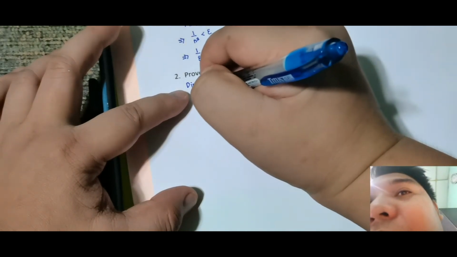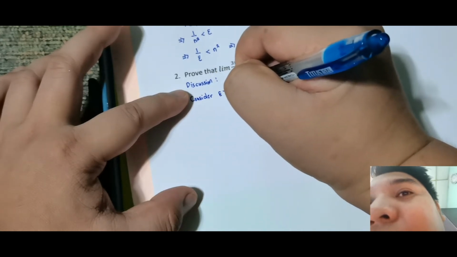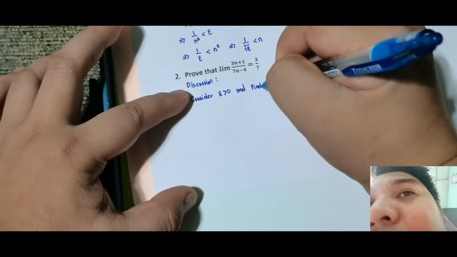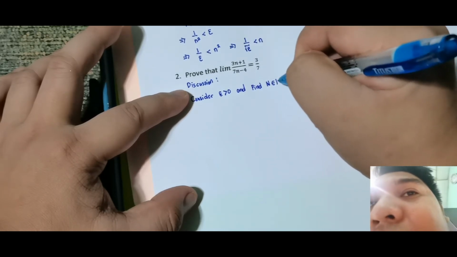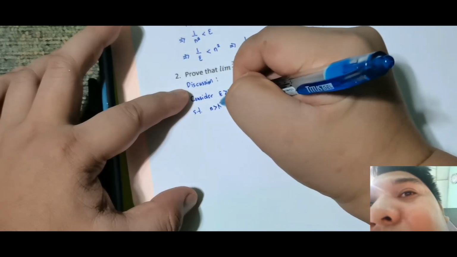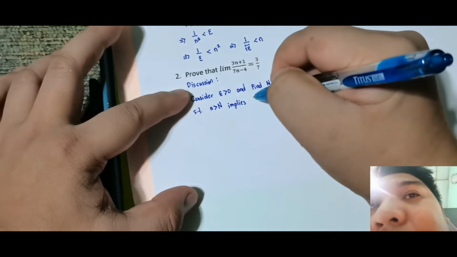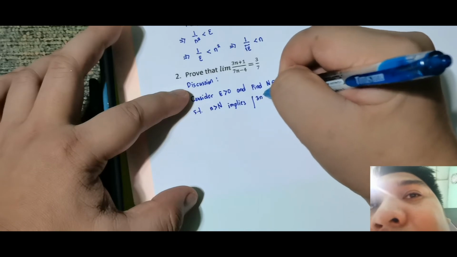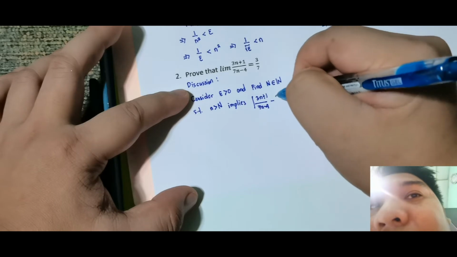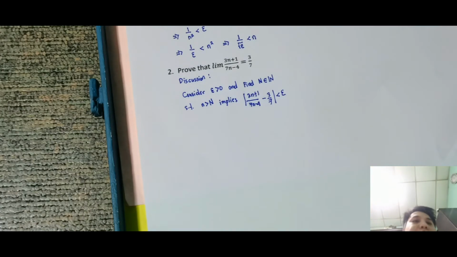Okay, so consider epsilon greater than 0, and we will find big N, element ng natural number, such that n is greater than big N implies (3n plus 1) over (7n minus 4) minus 3 over 7 is less than epsilon. Okay, so ayan yung gagawin natin.